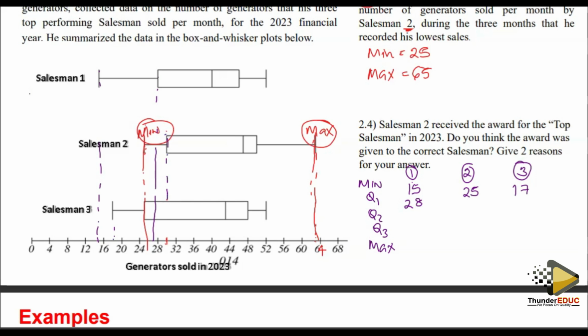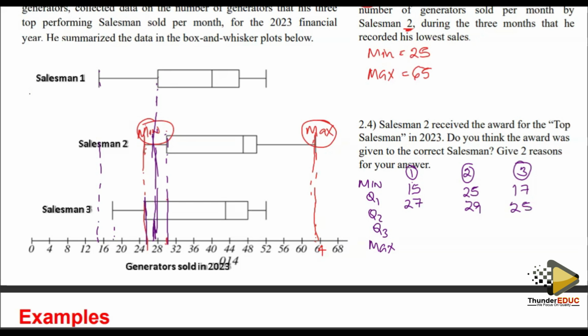Q1 of salesman number 2 is around 29. No, this one is not. You draw a line there and you come and see. It's not 20, it's 27. Then the Q1 is 25.